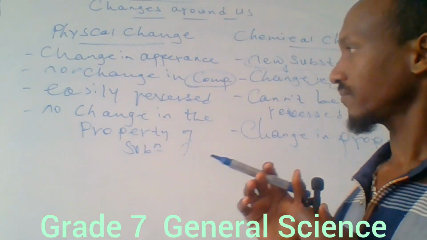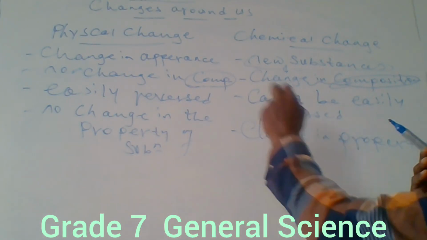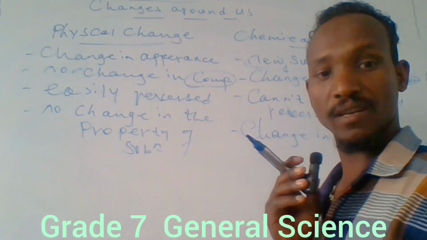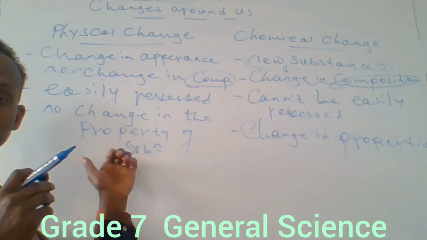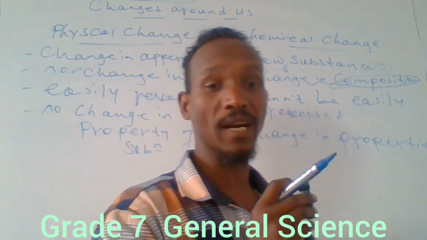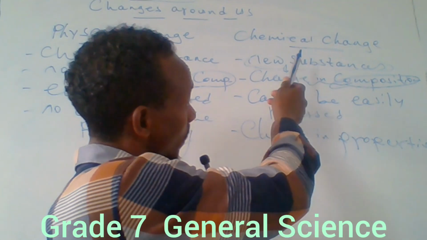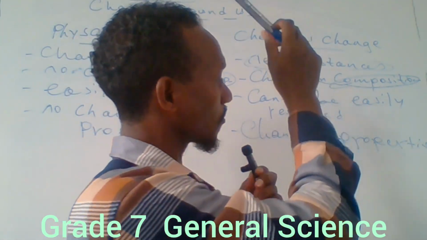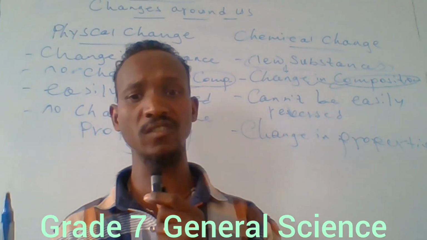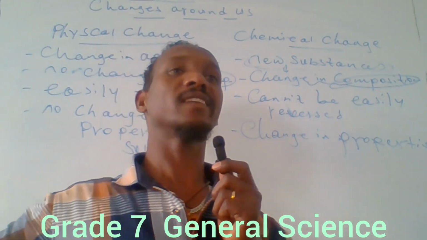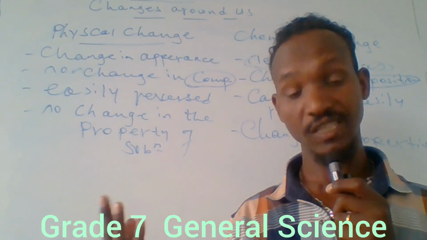But a chemical change cannot be easily reversed, whereas a physical change can be easily reversed. In a physical change, there is no change in the property of the substance, but in a chemical change, there is a change in property because a new substance is formed, with a change in composition and mass.